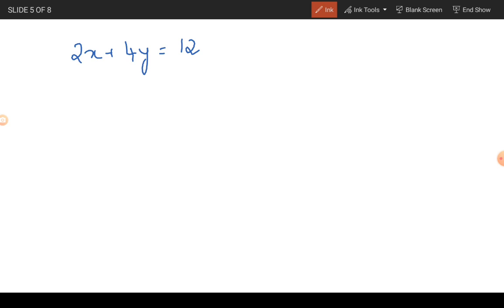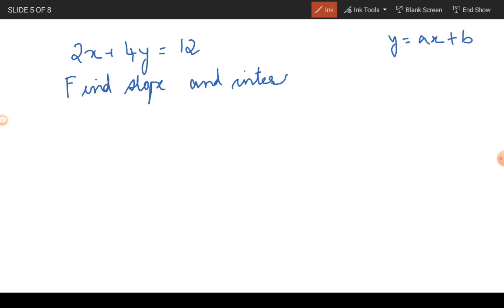Now this is not in the general form of y equals mx plus c or y equals ax plus b. If I ask you to find the slope and intercept, your first step would be to express this particular equation in the general form.